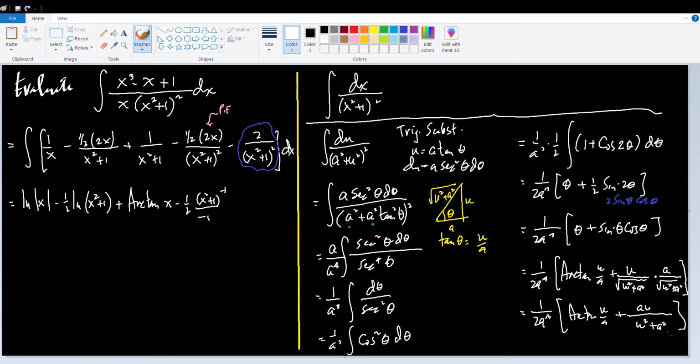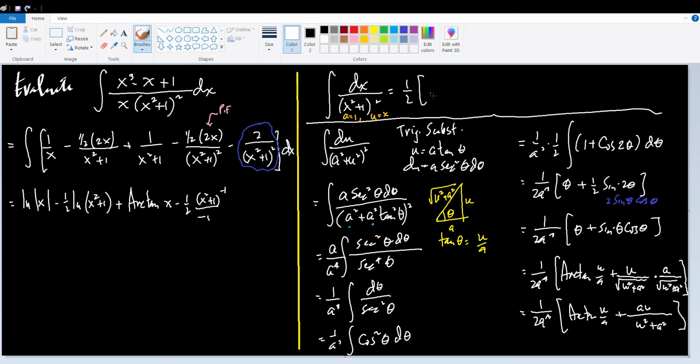So we just derived the integral for du all over a squared plus u squared quantity squared. Going back to dx over x squared plus 1 quantity squared, our a here is 1 and our u is x. So 1 over 2a cubed is 1/2, because a is 1.